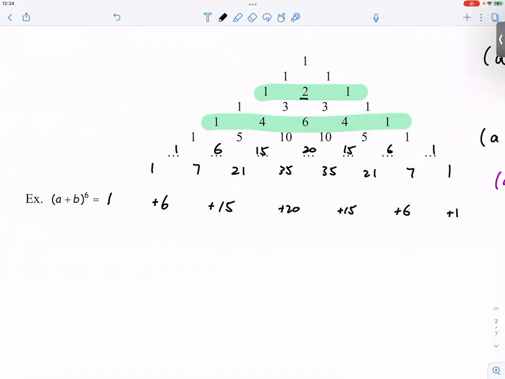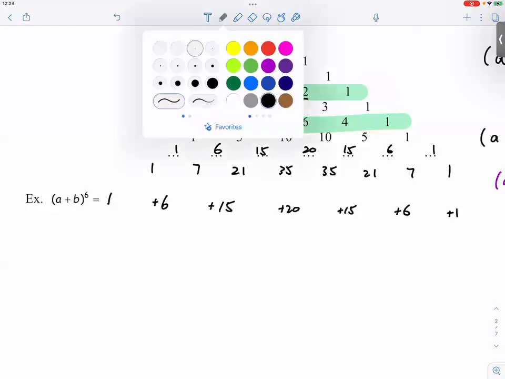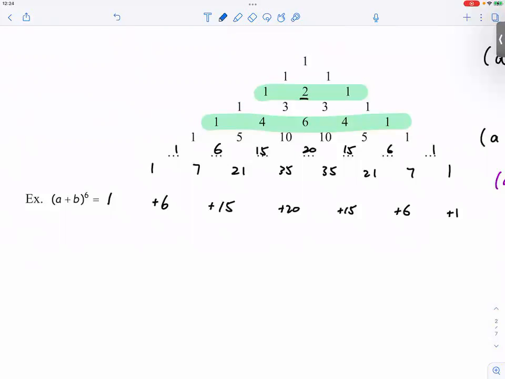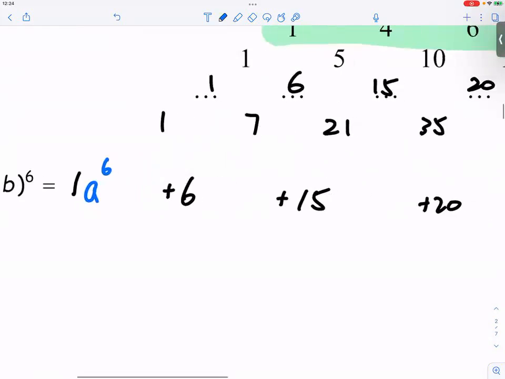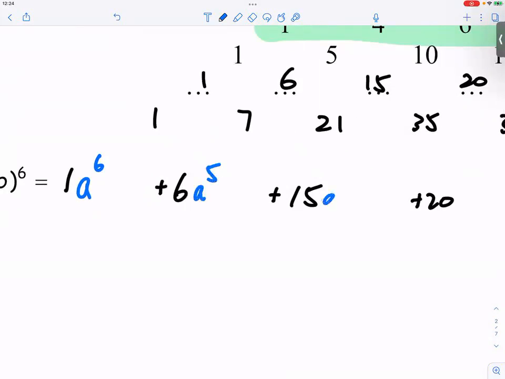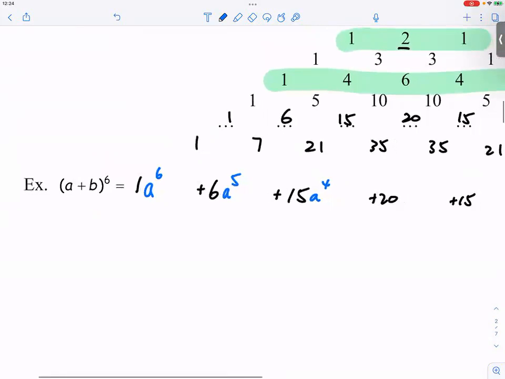Okay. And then what about the other ones? We have a to the, well, we're starting with a to the 6th power, a to the 5th, a to the 4th. So it's like fill in the blanks.